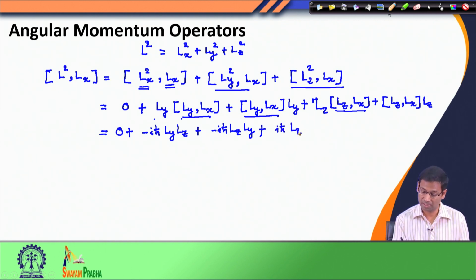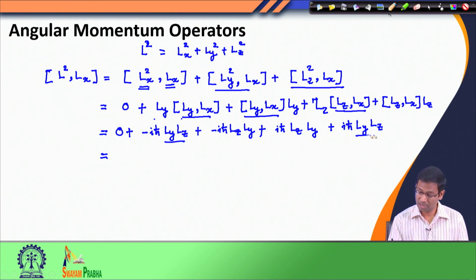So, I h bar Lz and this is Ly, and then the final term Lz Lx. So, that is again I h bar Ly Lz. Now when you see Ly Lz with a minus I h bar, Ly Lz with a plus I h bar, these two terms cancel out, Lz Ly with I h bar, Lz Ly with minus I h bar.